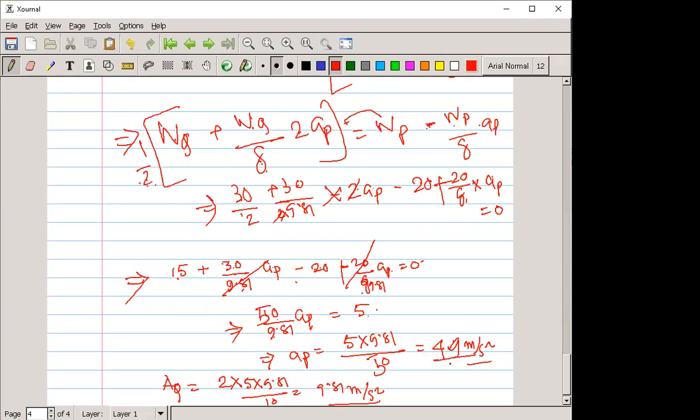50, then 5 by, then the answer will be 0.981 meter per second square. And this will then be 2 into 0.9, means 5. This one is 50. How much is it?